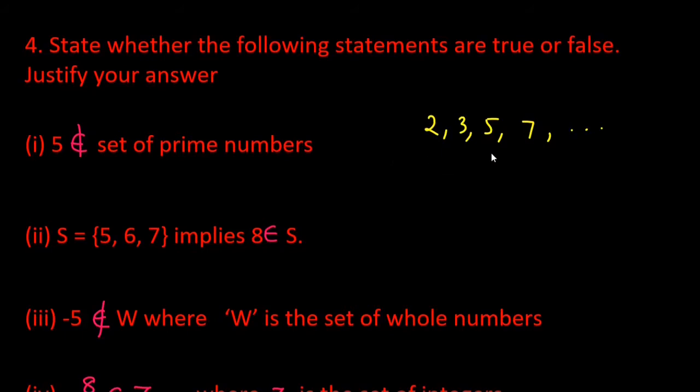So 5 is a prime number. A prime number has factors only one and the same number. There should not be any other factors. So we know that 5 is a prime number, but here it is given 5 does not belong to the set of prime numbers. So it is false.